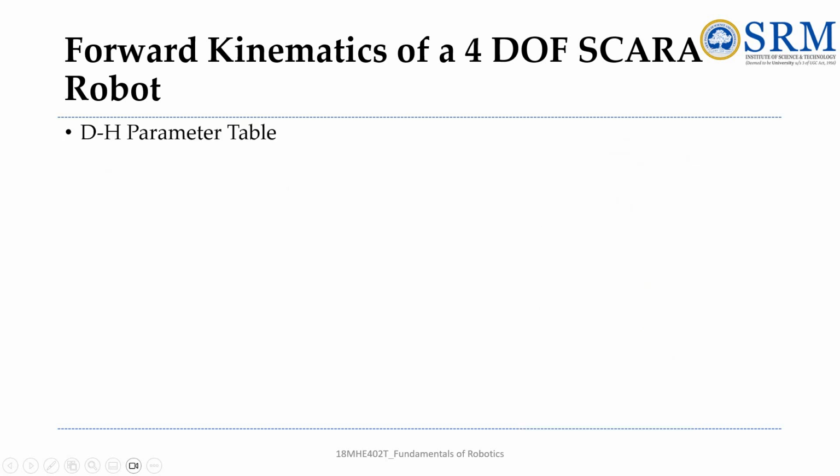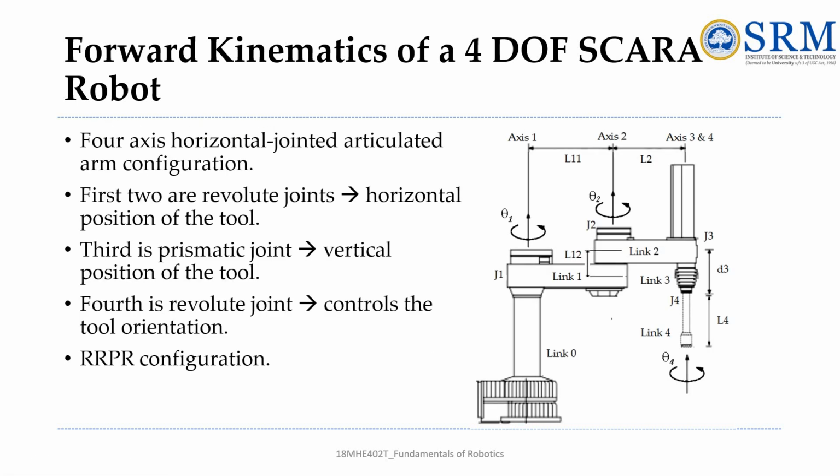Okay, so for this first we have to form the DH parameter table. I have named the links. So here it's a rotation, but you have link 1 and link 2 that I have named, and in between link 1 and link 2 is the prismatic joint, that is the vertical portion of the tool movement, which I have named L12.